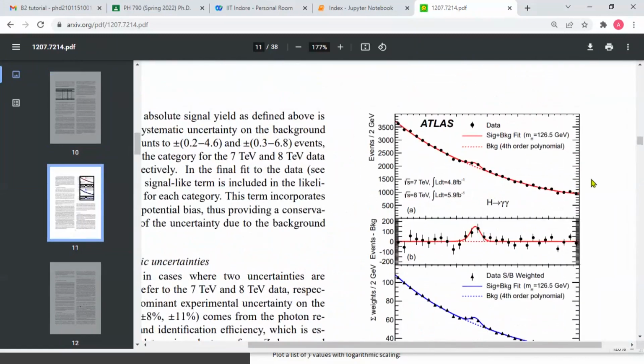Here, let's say, from the plot above, like this kind of exponentially falling plot, in the panel below you actually obtain a kind of flat plot, right? Have you wondered how they had obtained that plot? Well, they say it's events minus background. Yeah, but how they obtained it, I don't know.